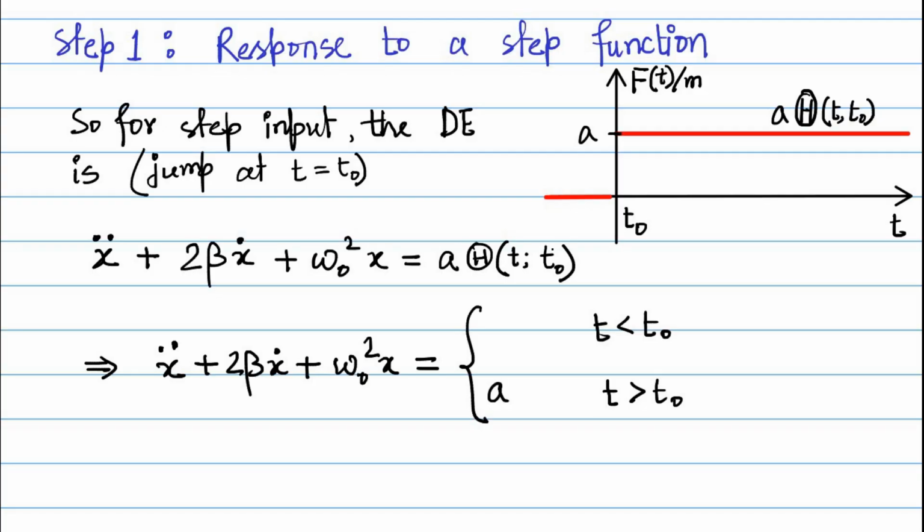And here this is going to be a, and before t0 it is going to be 0. So before t0, the equation of motion represents a homogeneous linear differential equation of second order, and of constant coefficients as well. So we have already solved that.